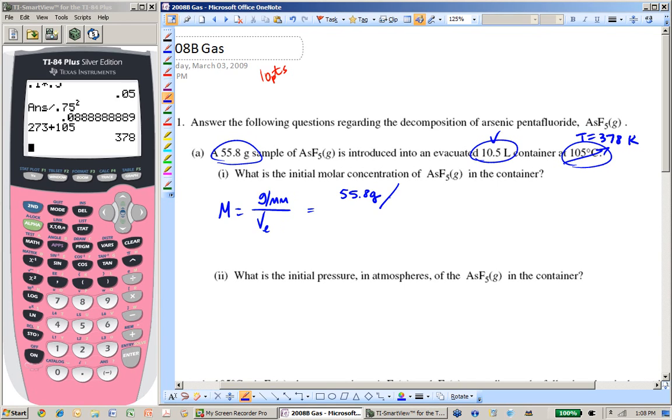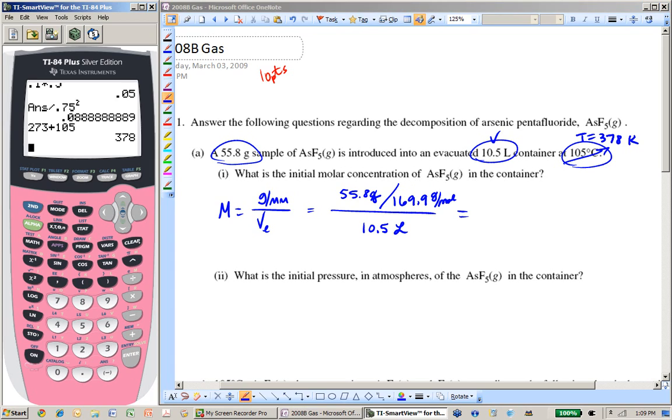But you've already worked this problem, so hopefully you got the correct molar mass. When you take the mass of arsenic plus 5 times the mass of fluorine, you should come out with 169.9 or 170 if you wish. And then that is going to be divided by that volume of 10.5 liters. And you see that the grams cancel, and a 1 over a mole is mole, moles per liter.